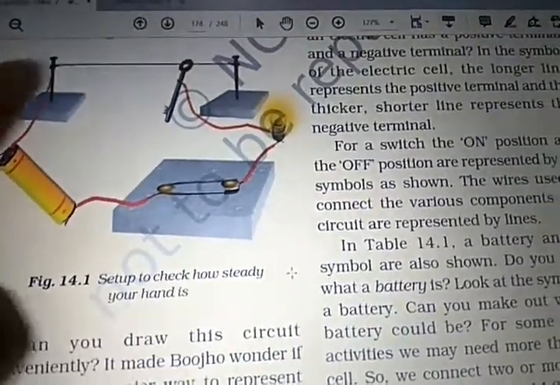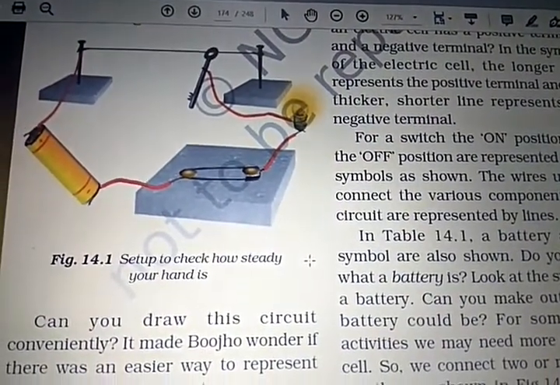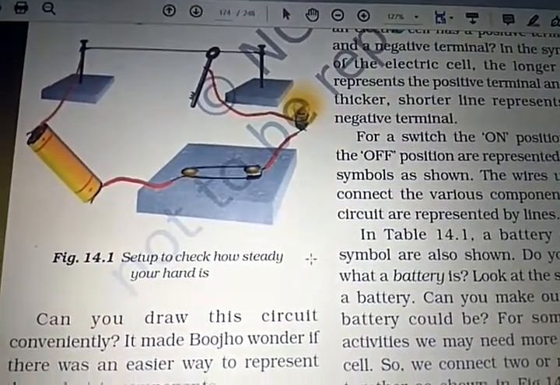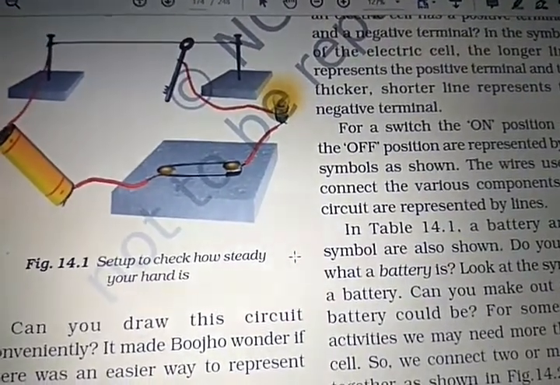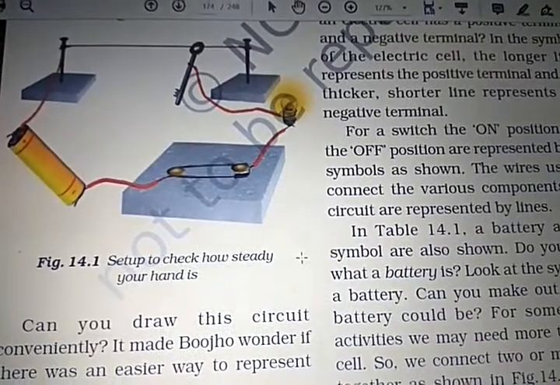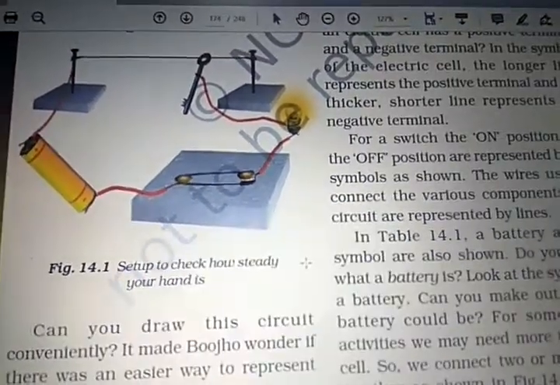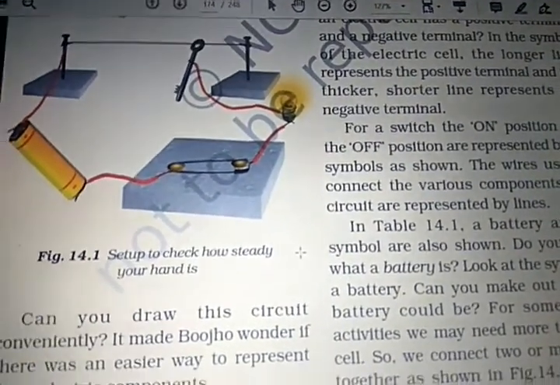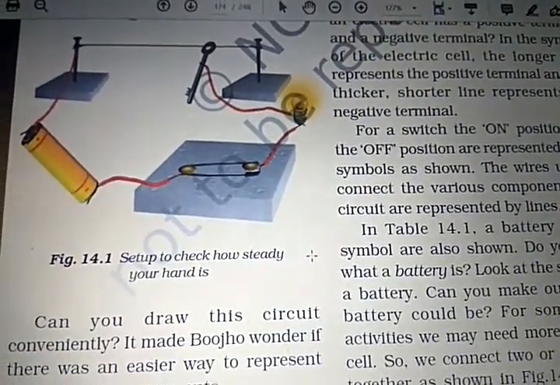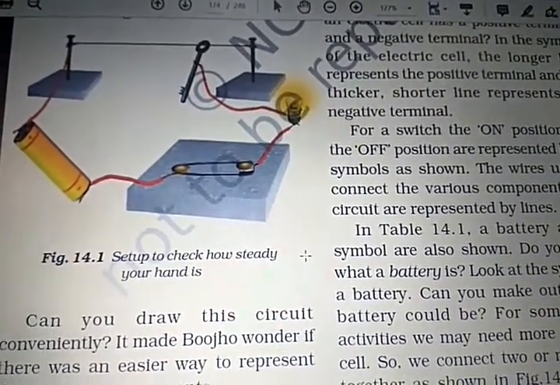From here to here, if the wire is touched, then the bulb glows, which means he is out. So this is a very fantastic and interesting game that proves your intelligence to make a simple circuit. This is a game and also a simple circuit. You can prepare these in my science enrichment activity for the marks.